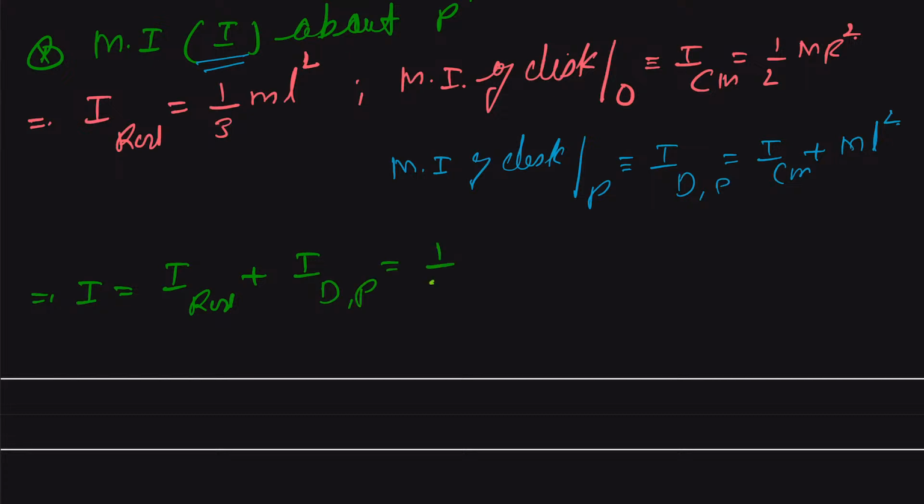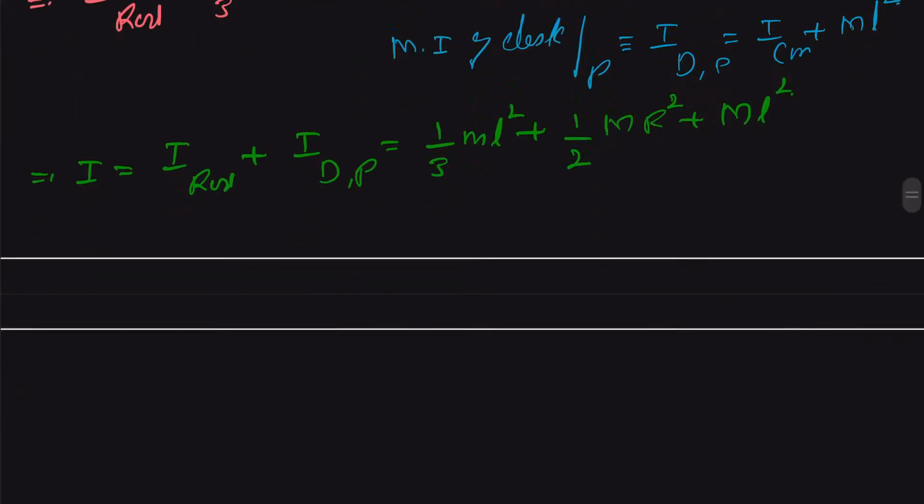So this comes as 1 by 3 ml square plus I CM, which is 1 by 2 mr square, plus M L square, and L square we can just combine.